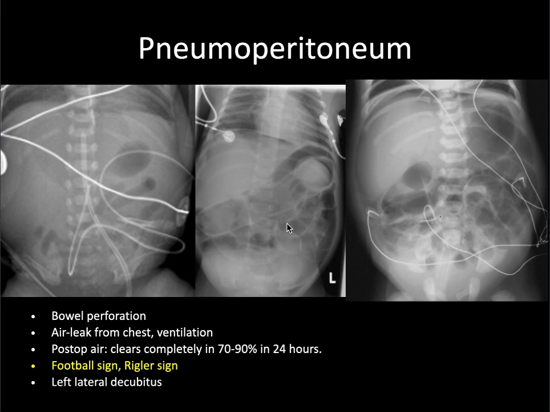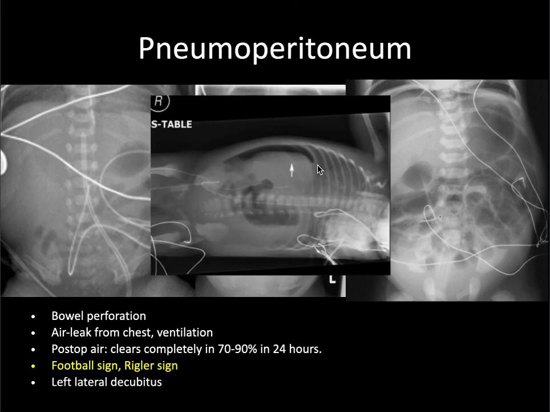Usually a left lateral decubitus view is used if pneumoperitoneum is suspected, and you'll see this lucency overlying the liver, suggestive of a pneumoperitoneum.